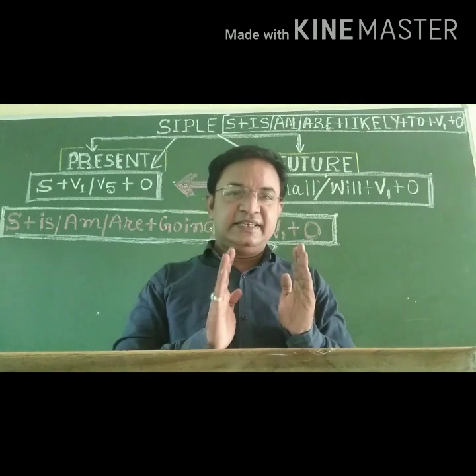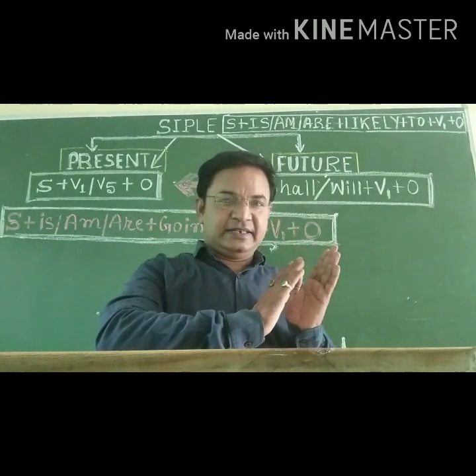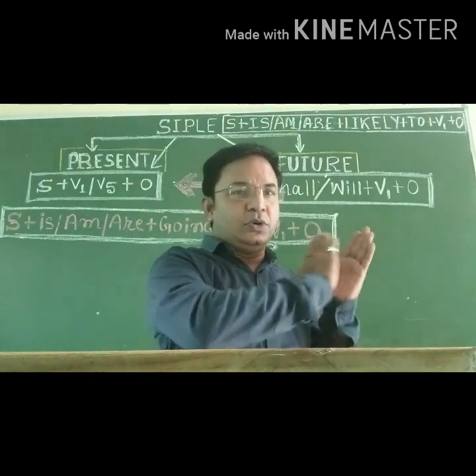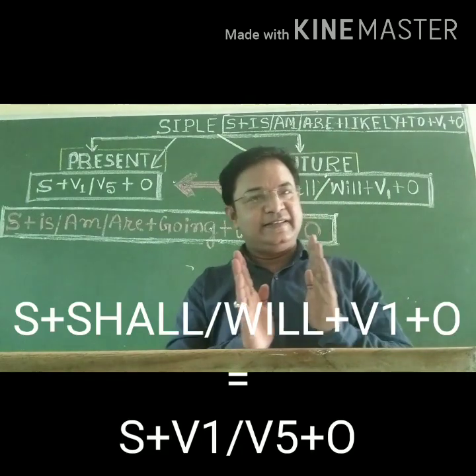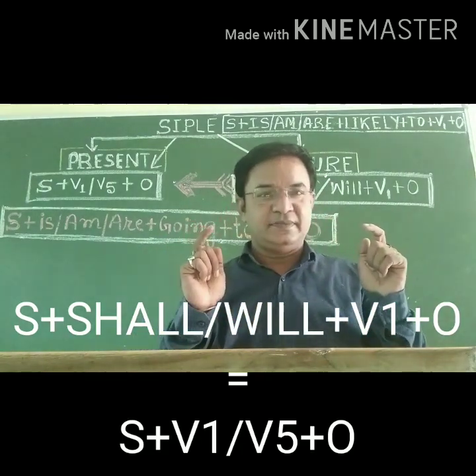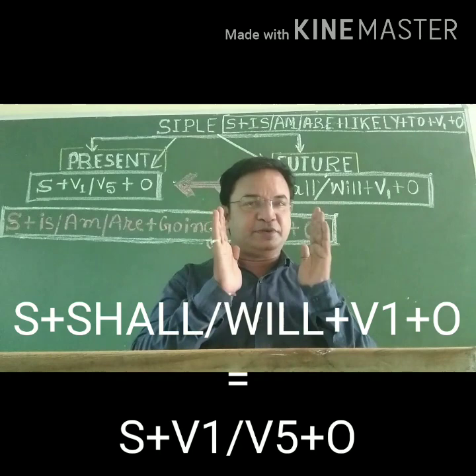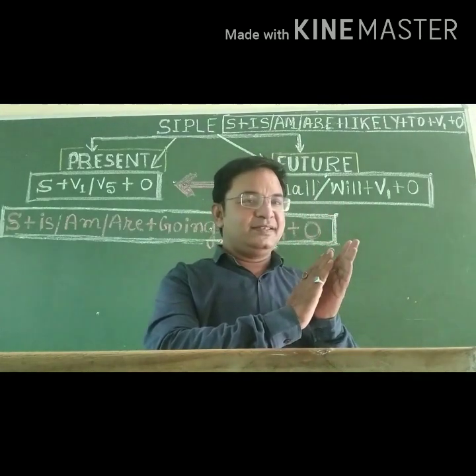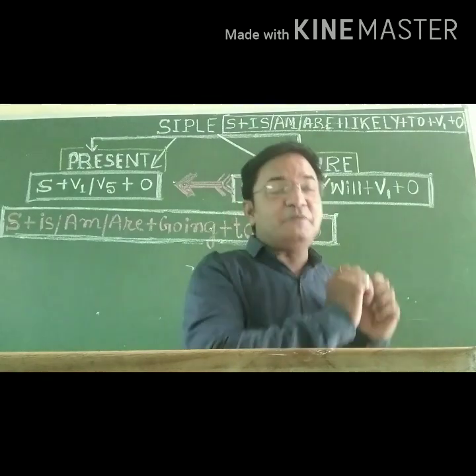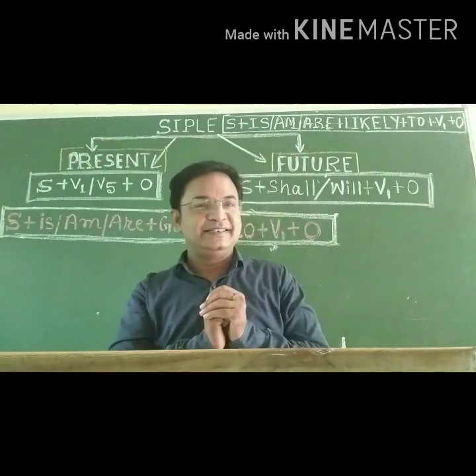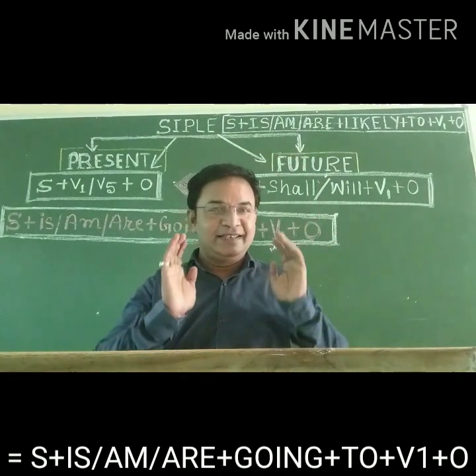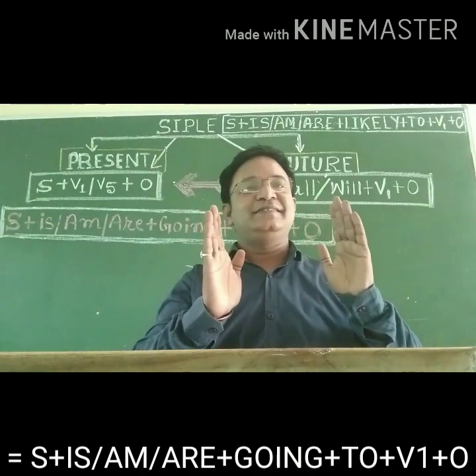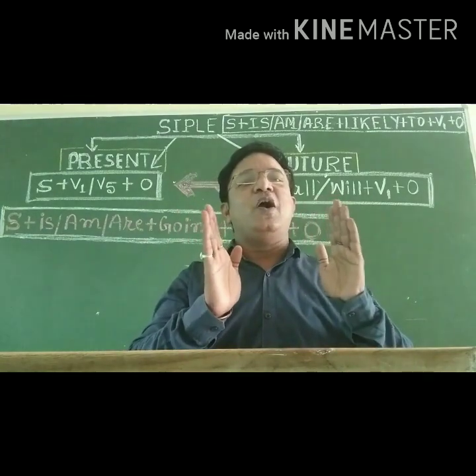Children, as research goes on regarding grammar, so many scholars have suggested that when we make simple future tense sentences, it is not certain. It is not certain means to say what?